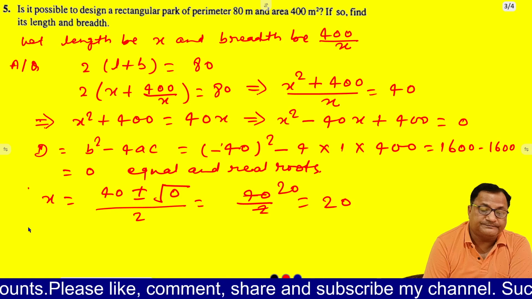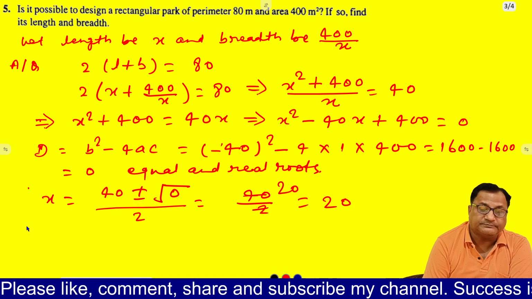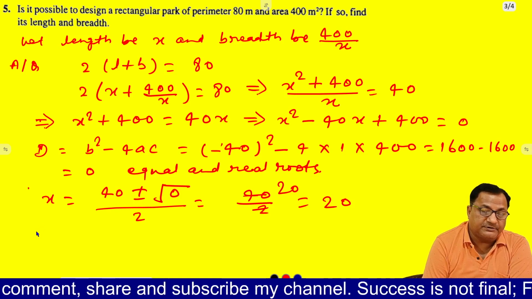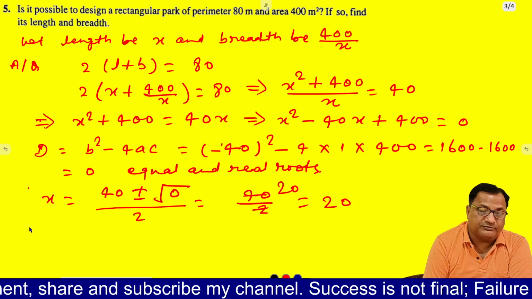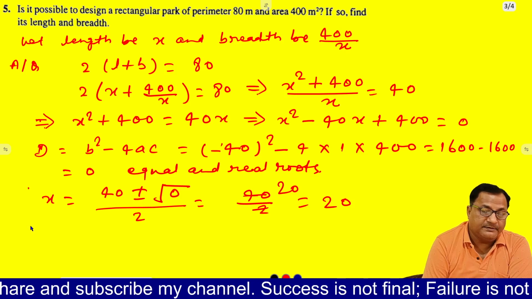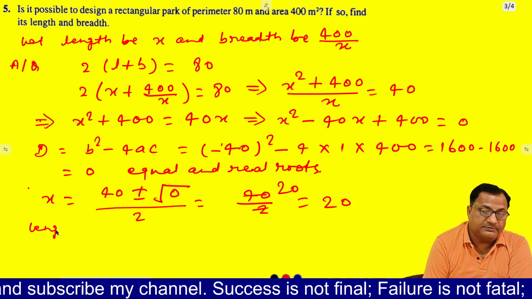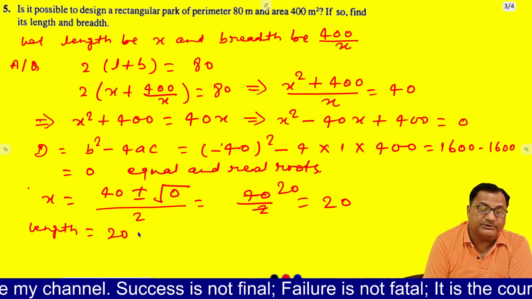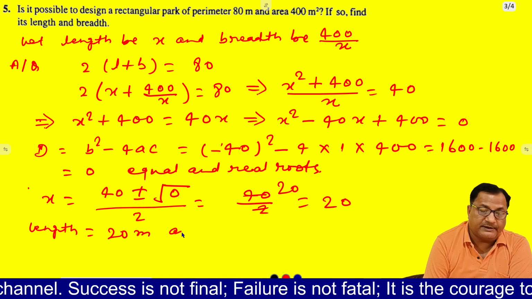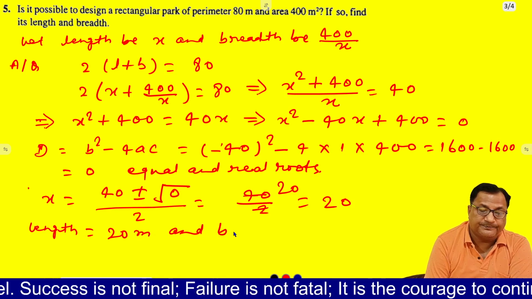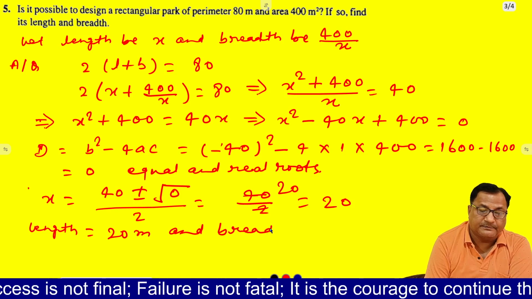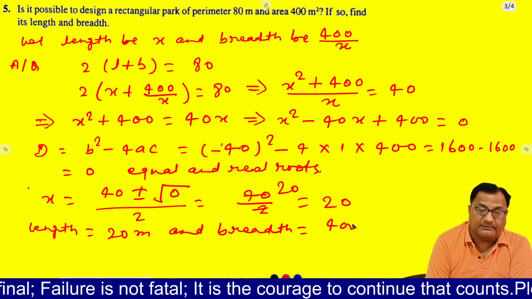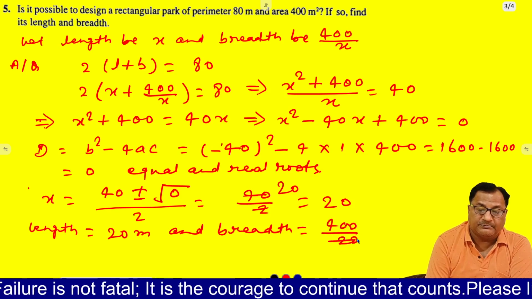Therefore the length is equal to 20 meters, and breadth is equal to 400 by 20.